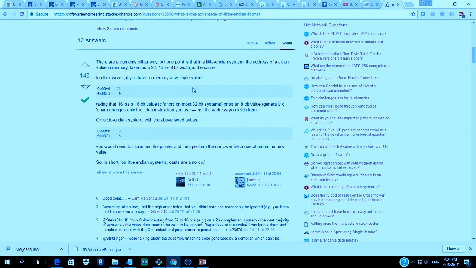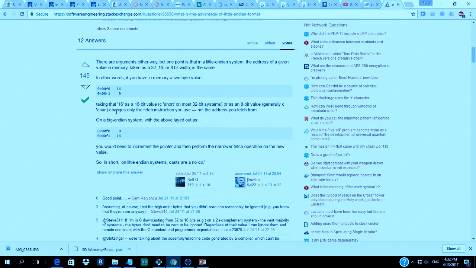There are arguments either way, but one point is that in a little endian system, the address of a given value in memory, taken as 32, 16, or 8-bit width, is the same. In other words, you have in memory a 2-byte value, right? Taking that as a 16-bit value, short, or as an 8-bit value, right?